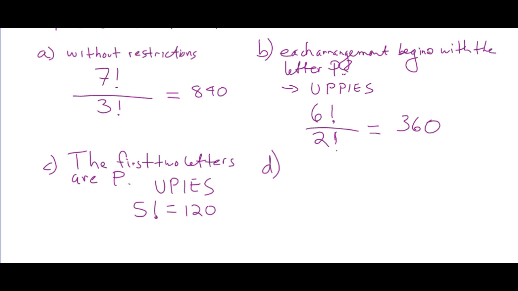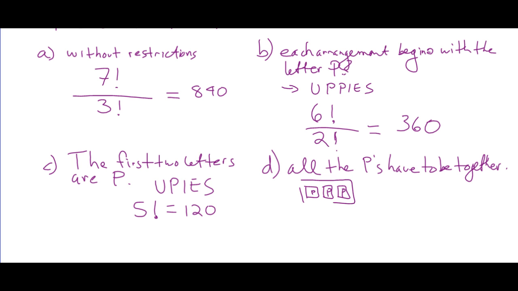What if all the P's have to be together? So if you remember, we did oranges, and all the vowels had to be together. O-A-E. So we're going to do this the same way, right? So I've got my little Scrabble tiles.